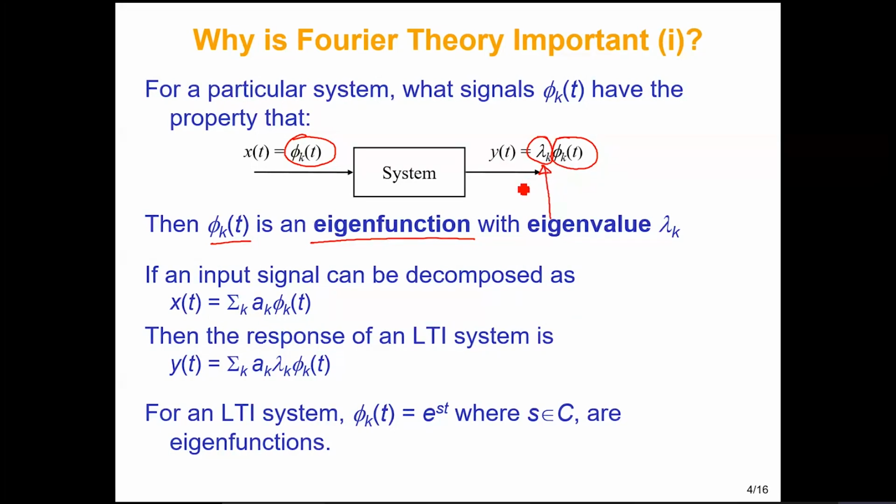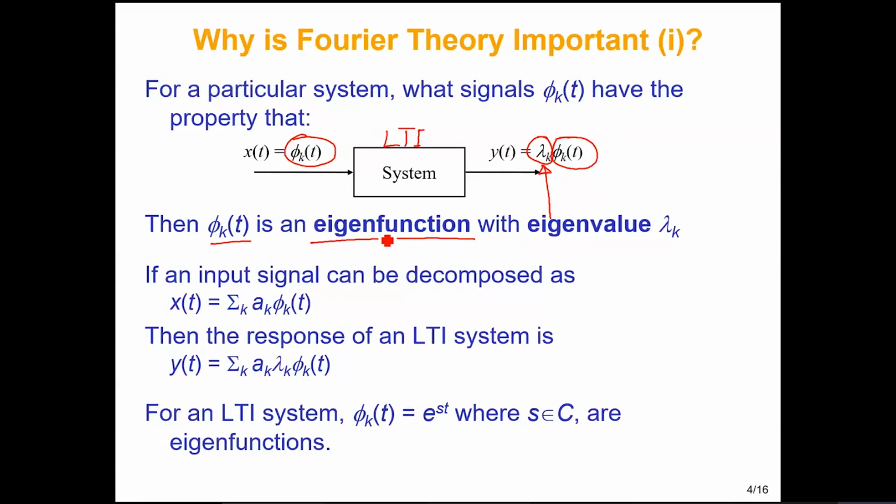This is the property of an eigenfunction. If you give it as an input to any system, I should qualify this to an LTI system, then the output that comes out is the same function multiplied by some multiplicative factor. This function gets modified by this multiplicative factor, and the thing that gets multiplied with the eigenfunction is known as the eigenvalue of that eigenfunction.